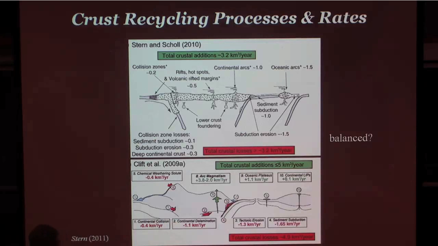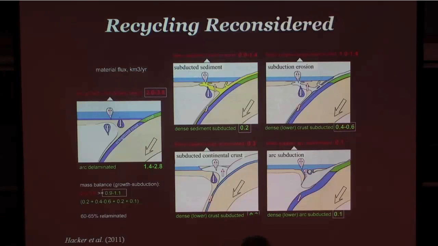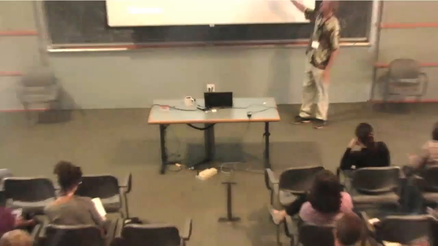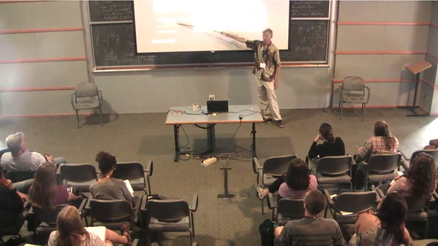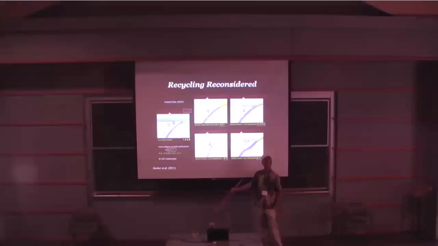Okay, so let's go back to this figure then, where it was claimed that there's a balance between the rate at which crust is produced and the rate at which crust is recycled. And I'm going to basically argue that in each of these cases, there is some material that gets subducted and some material that's retained by relamination. And if I add up the amount that I think is being relaminated, it's about 1 cubic kilometer per year.